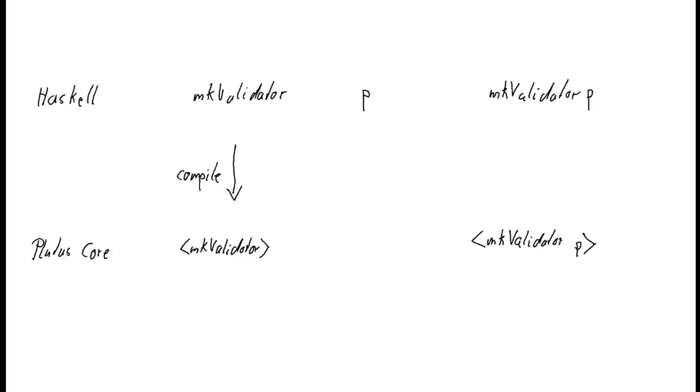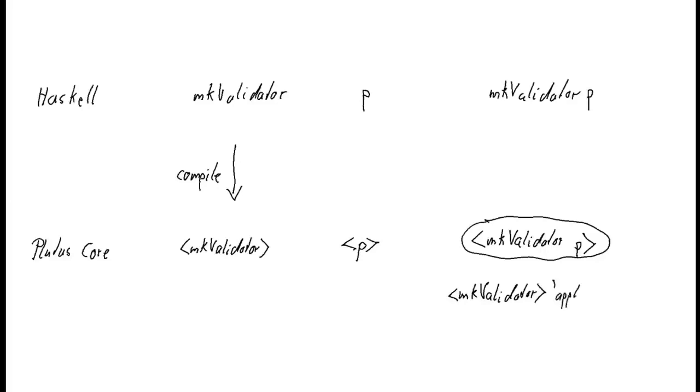So now the idea is, in Plutus, this angular brackets make validator is also a function. It's not a Haskell function anymore, it's a Plutus core function, but a function nevertheless that you can apply to arguments. So if I could get my hands on the compiled version of P, then I can simply apply the make validator compiled, and actually that is called apply code in Plutus code, to P. That would then be what I want.